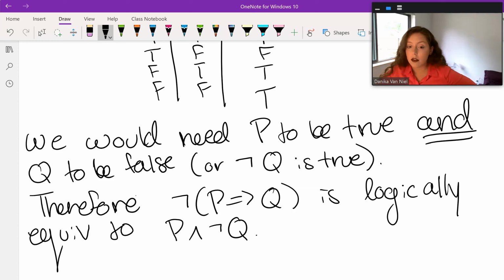If not, look over it again or let it marinate, look at it tomorrow. But this is very important: the negation of an implication is an and statement. It's the if part and the negation of the then part.